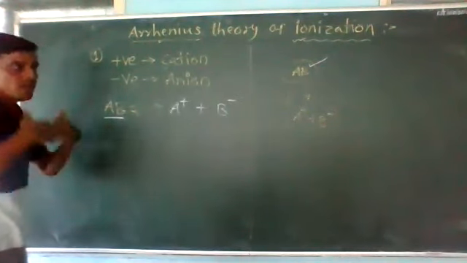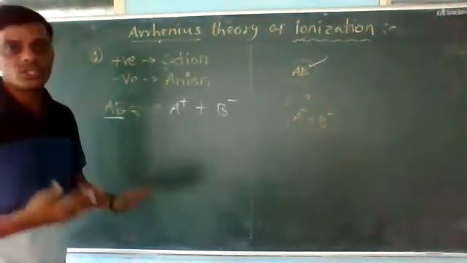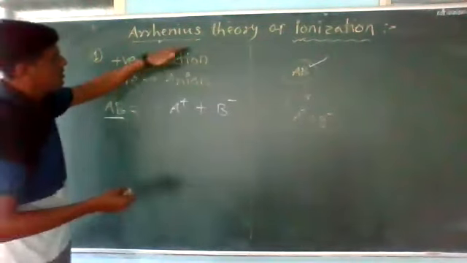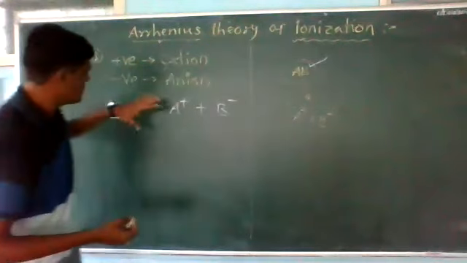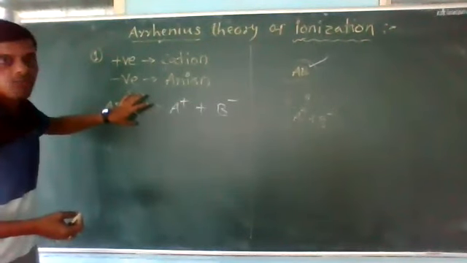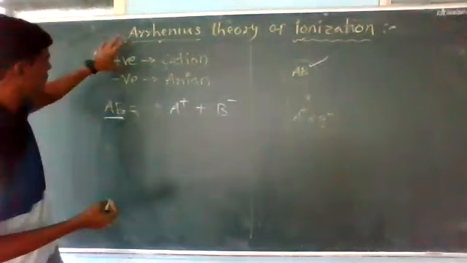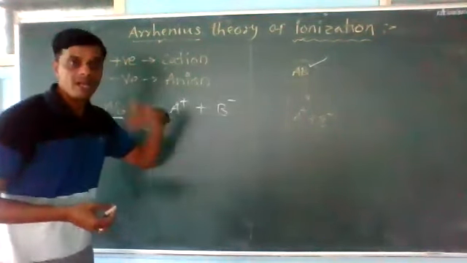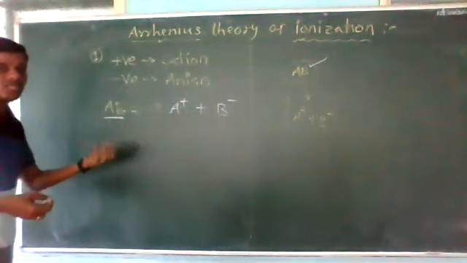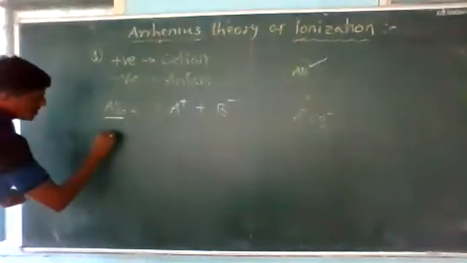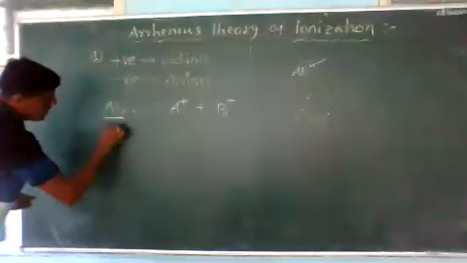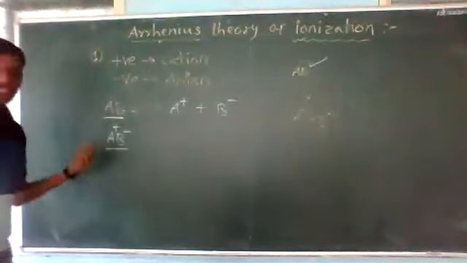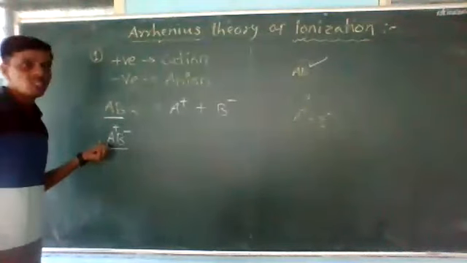Okay, after progressing various studies, he concluded later on, after this theory, this was the old form of Arrhenius theory. According to the old form of Arrhenius theory, a neutral electrolyte forms ions, but later on, after advanced studies, it was considered that this AB solid state molecule itself consists of ions.